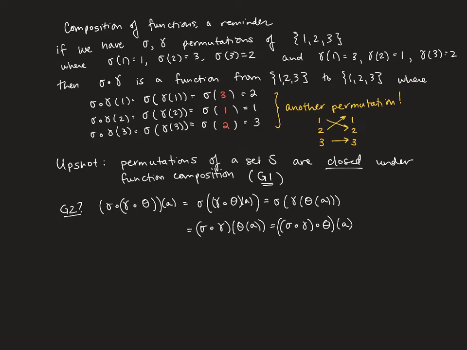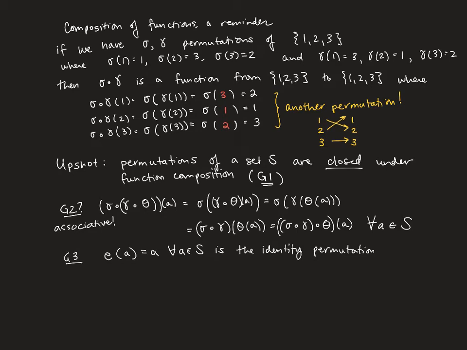And we'll get the same function back at the end of the day. You're probably used to functions being associative from the way that you've dealt with them before in your mathematical life, like in calculus. Now, since this is true for all elements of the set S of elements that we're permuting, we know that the function sigma gamma of theta is the same as the function sigma of gamma of theta. And therefore, function composition is associative.